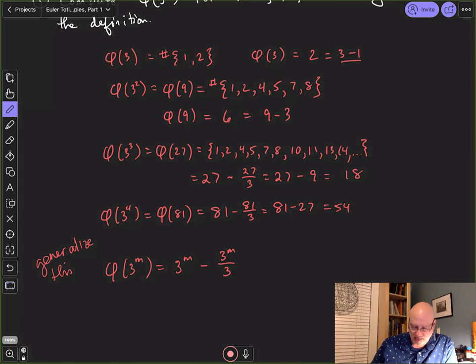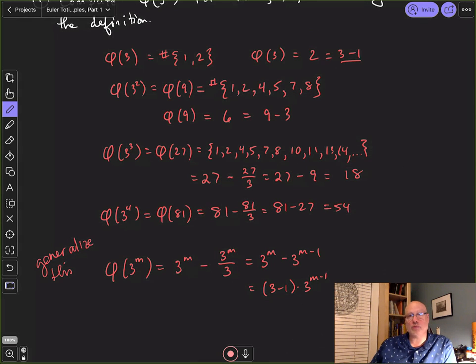I can rewrite that second term as 3 to the m minus 1, and that's a good way to think about it. But you could go one more step, which is helpful later on, and write it as 3 minus 1 times 3 to the m minus 1. In other words, I can factor a 3 to the m minus 1 out.